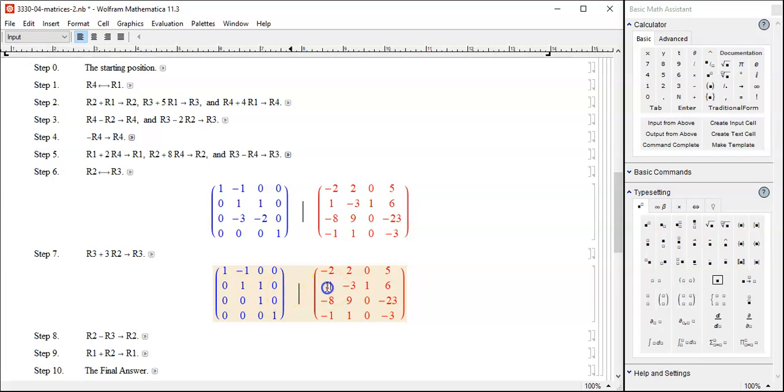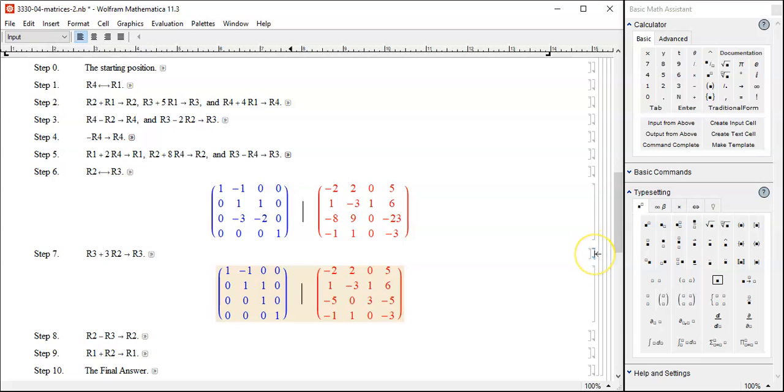And let's do it here. Multiply by 3 and add them up. 3 minus 8, negative 5. Multiply by 3, that's negative 9. Add up, that's 0. Multiply by 3 and add up, that's 3. Multiply by 3, that's 18. 18 minus 23, that is negative 5.